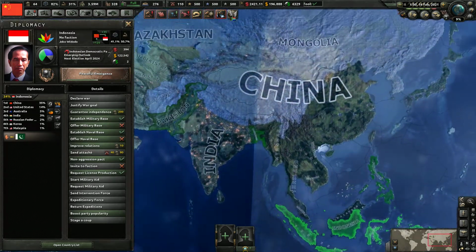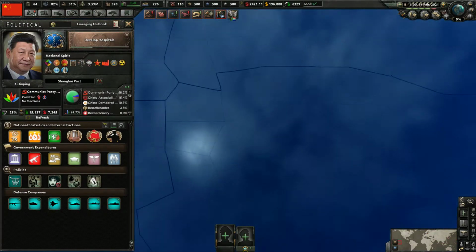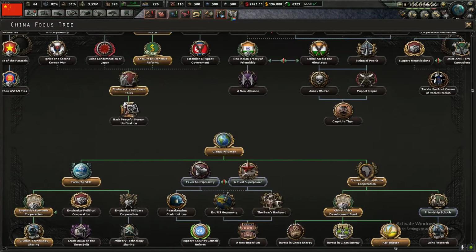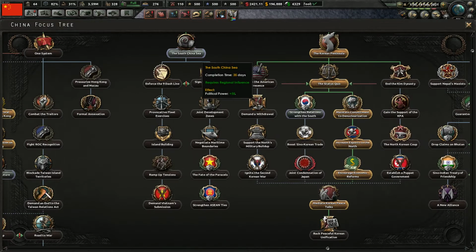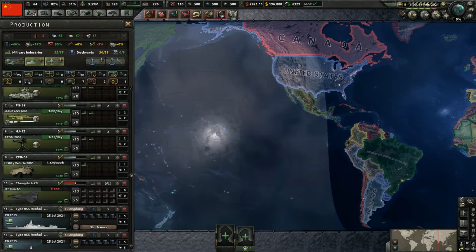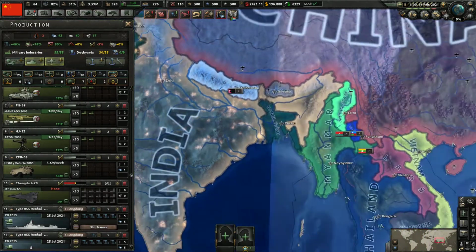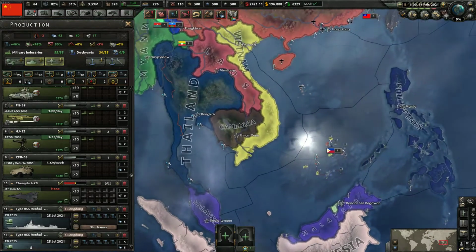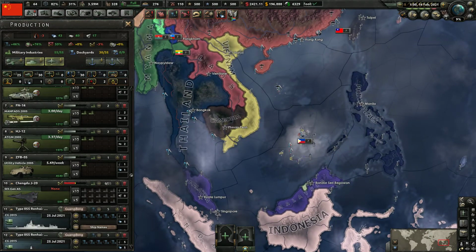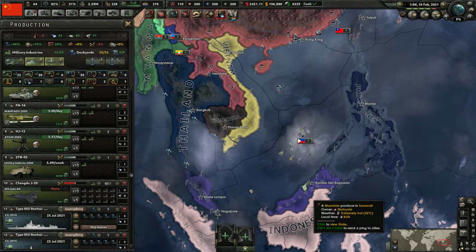And influence helps you when it comes time to make decisions as well. So when I start making decisions on the 9-dash line and I try to enforce it, well, if I have lots of influence over Vietnam and the Philippines and Malaysia, they're more likely to accept my demands. They're more likely to accept the fact that I own the 9-dash line. If I have very little influence, well, they're less likely.